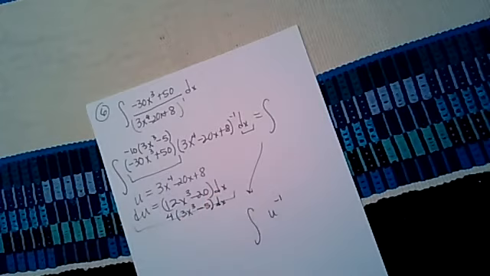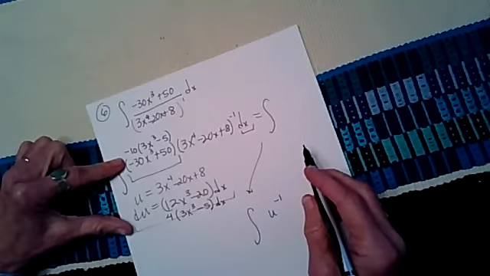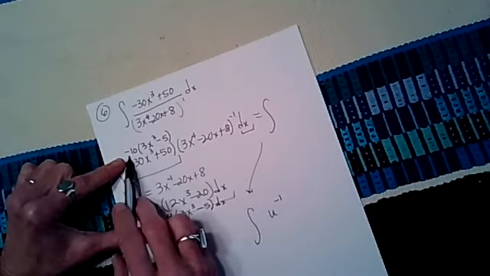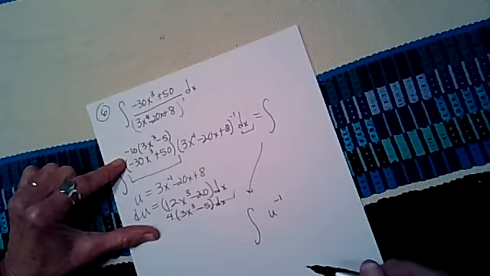All right, so let's look. What we have to do is I have u to the negative 1. And look, I have a negative 10 on top and a 4 on the bottom.